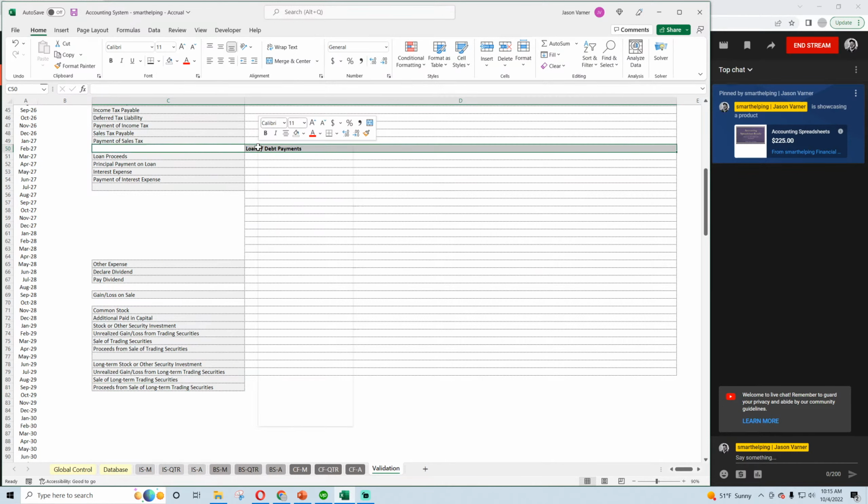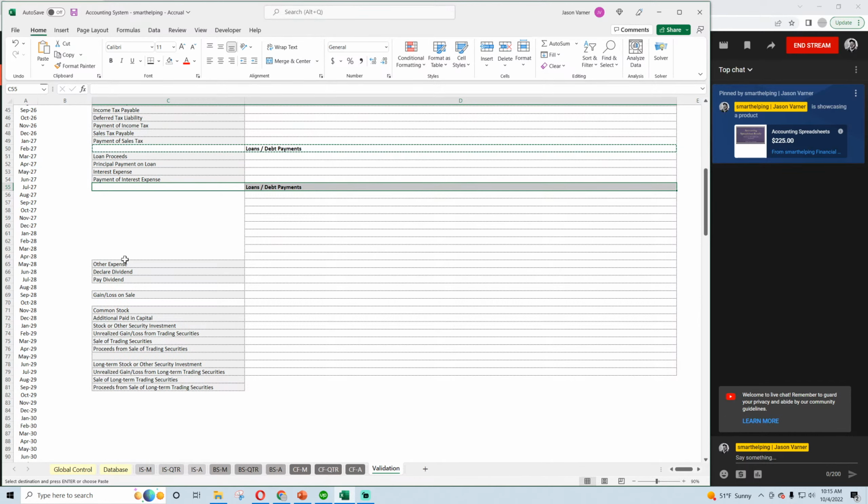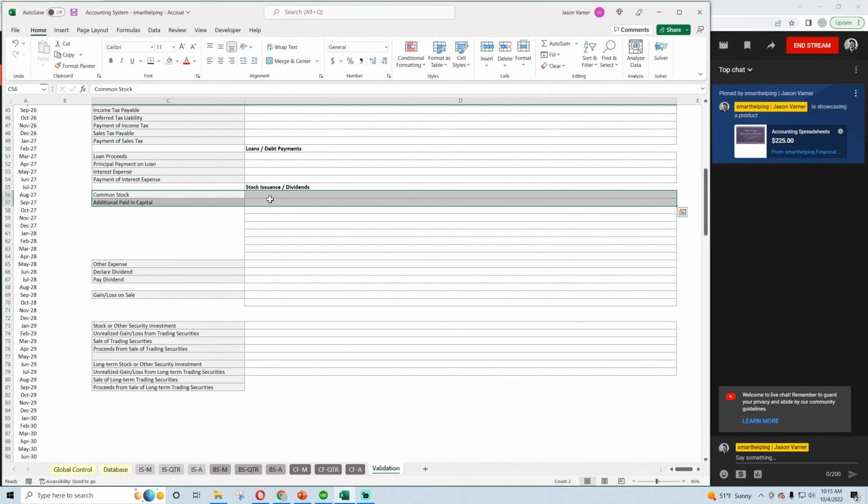Oh, I know what we want to do next. Let's do stock, issuance, and dividends. So here, common stock, additional paid in capital.